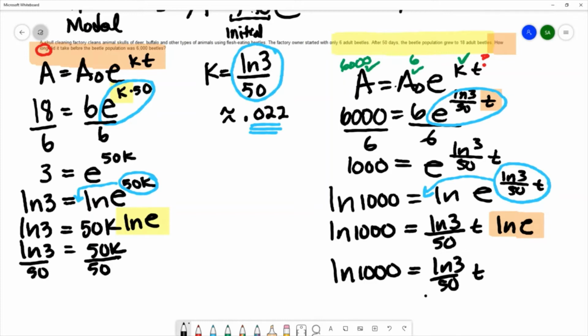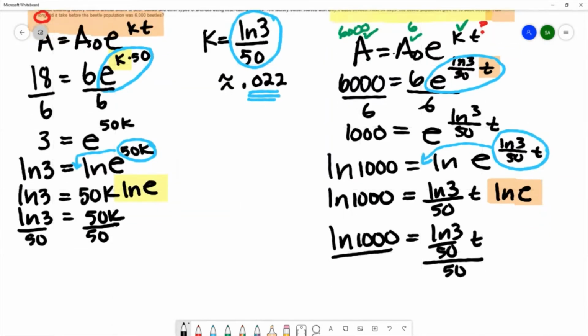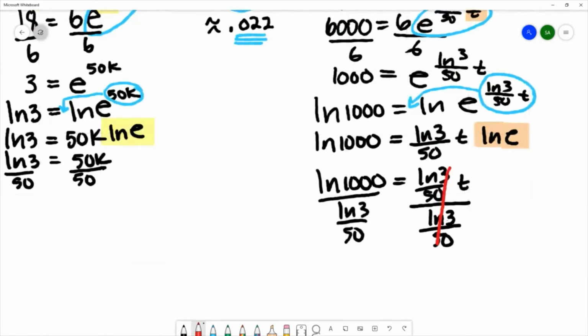And then I'm going to divide both sides by 50. I'm sorry, not just 50, that whole coefficient. I'm dividing by natural log of 3 over 50. That cancels this coefficient out, leaving me with t.